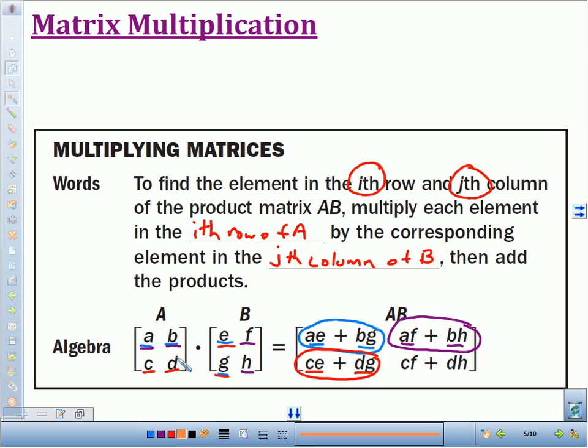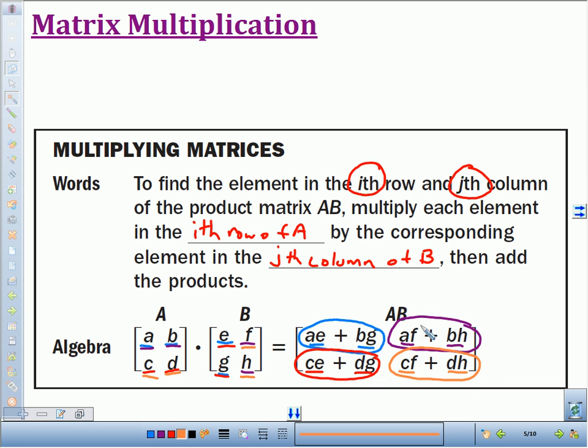And last but not least, I'm going to multiply the first element of the second row by the first element of the second column, and get CF. The second element of the second row by the second element of the second column and get DH.